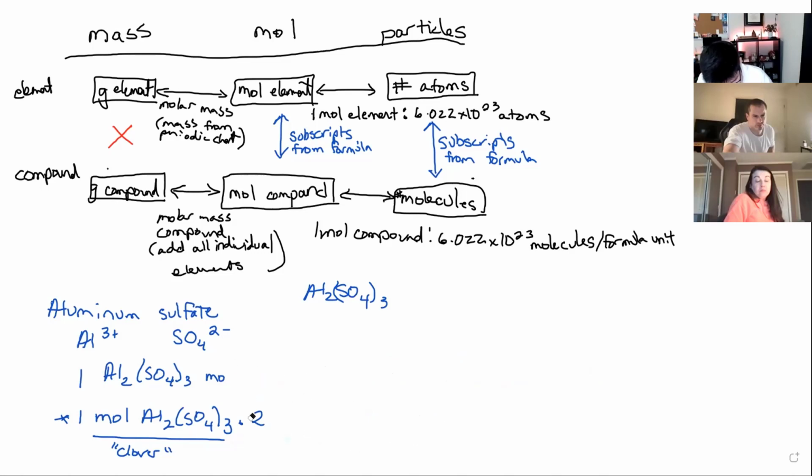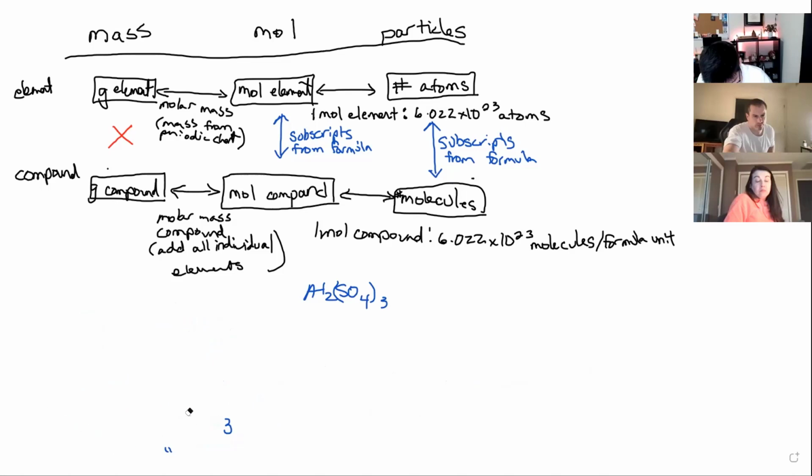I'm going to say that you are given 32.5 moles of the aluminum sulfate, of the Al2(SO4)3. I want you to find the moles of oxygen. So how many moles of oxygen are contained in 32.5 moles of aluminum sulfate?